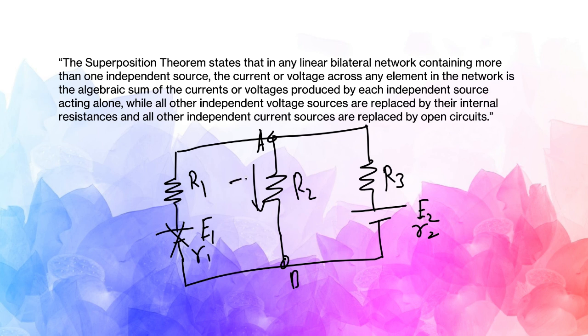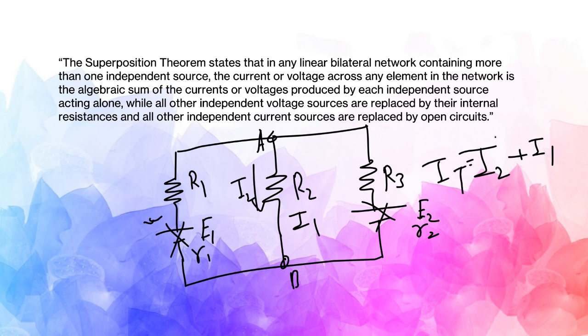Let's say this is I2, the current flowing because of E2. Then we replace E2 with its internal resistance and activate E1 again, and find how much current is flowing because of E1. Let's say it is I1, so the total current IT should be I2 plus I1. That is the current through this branch, and that's what the superposition theorem is telling us.